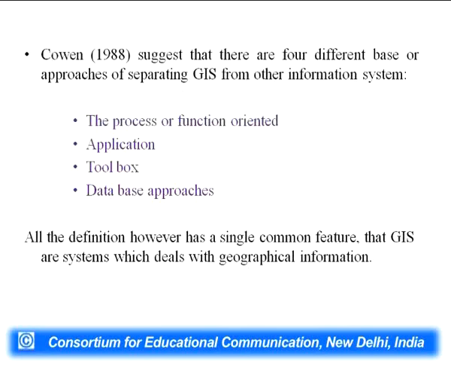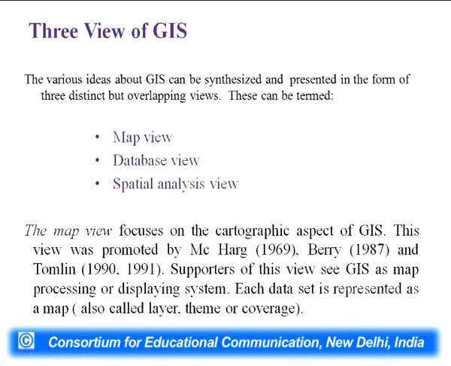These are the process or function oriented, application, toolbox and database approaches. Three approaches we have already talked about, on the basis of which we clubbed their definitions. All the definitions, however, have a single common feature, that GIS are systems which deal with geographical information.